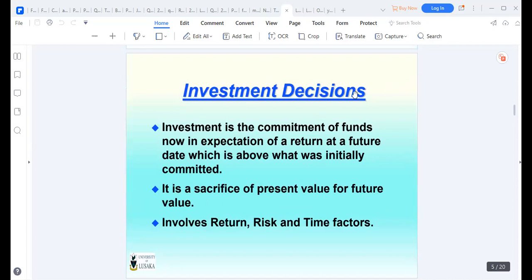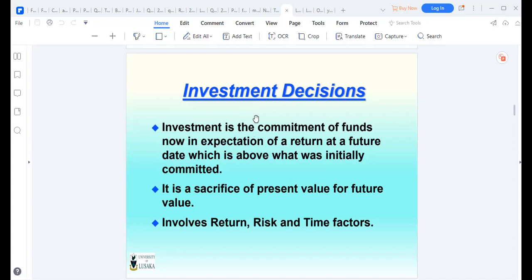So when you're dealing with, let me start with investment decisions, we're looking at the investment that should be committed to expect a future return, the sacrifice of a present value to be earned in future. It involves risk management. It involves time factor and also the rate of returns.